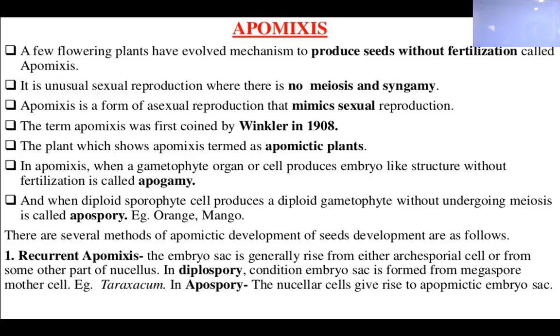In apospory, the nucellar cells give rise to the apomictic embryo sac. So it depends from which part what is going to originate. Based on which condition the embryo is going to originate, you have to understand which part is involved. This you have to remember.